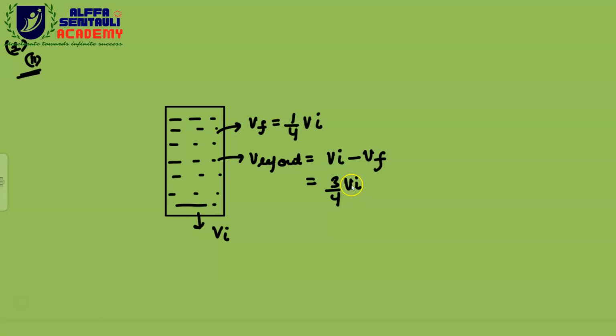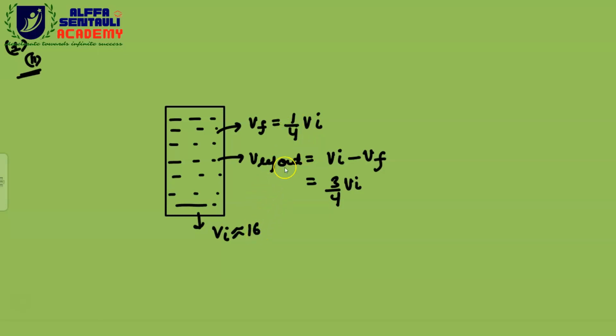So you can assume this Vi to be any number, right, beta? Let's suppose Vi is equal to 16. If you take 16, 1/4 of 16 will get easily cancelled out. That is why we are taking 16.